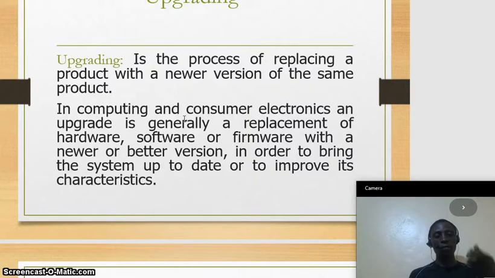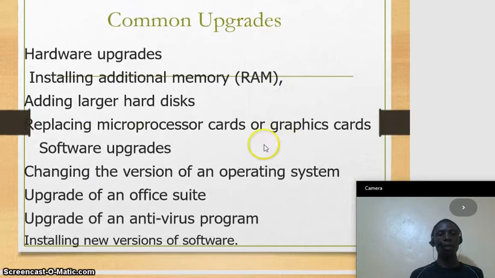For example, if you removed the 2 GB memory, random access memory or RAM, from your computer, and you added a 5 GB memory, you have upgraded your memory storage.